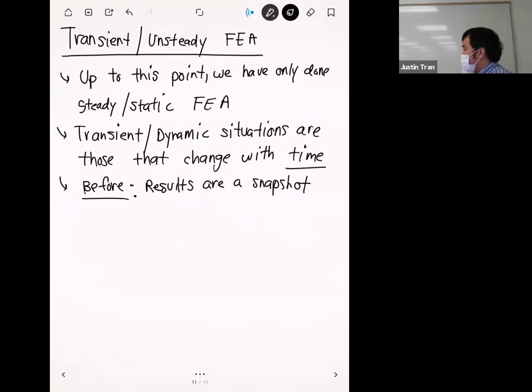It's like you took a picture on your phone, right? It doesn't change with time because it doesn't need to, because nothing in the situation is changing with time. But for a dynamic situation, because the simulation is changing with time, our results are essentially going to be a video or a movie.